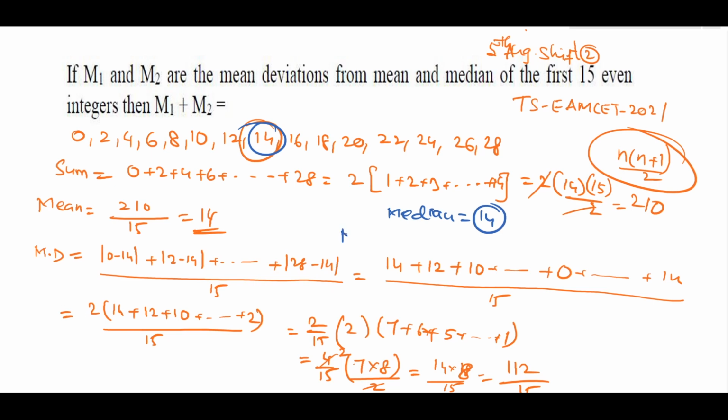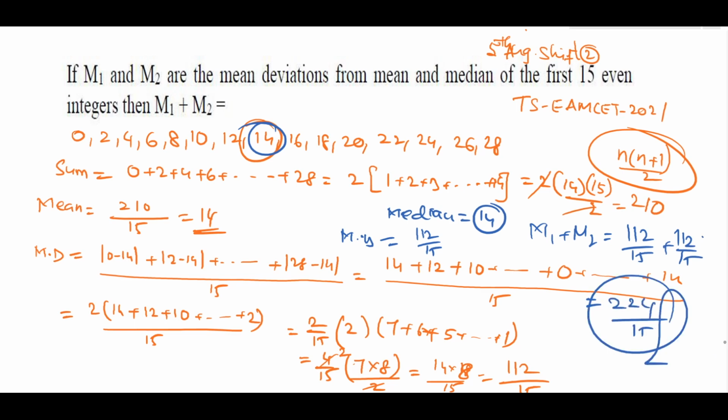So the mean deviation about the median is also the same, that is 112 by 15. This is the value of M2. Now we find M1 plus M2. So the M1 value is 112 by 15. This is also 112 by 15. 112 plus 112, that is 224 by 15. This is the value of M1 plus M2.